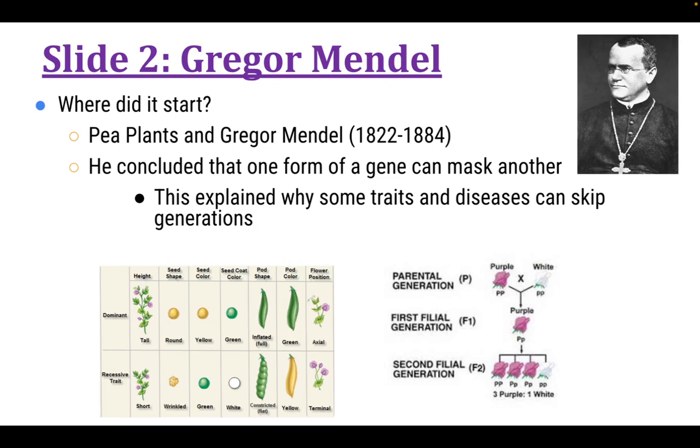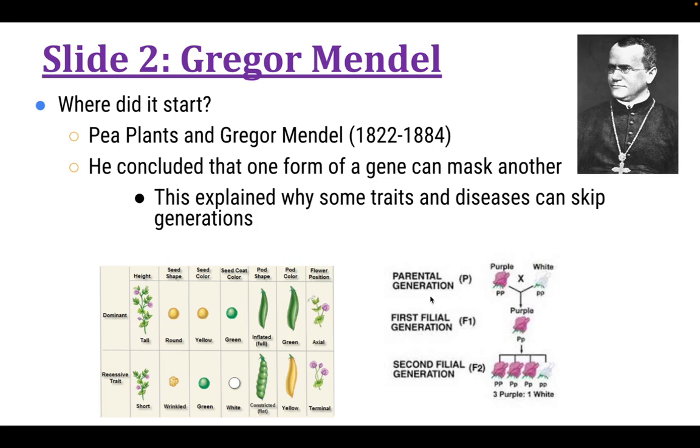He worked extensively with garden pea plants, and whenever he was cross-pollinating these different pea plants in the monastery where he worked, he noticed that certain traits could be controlled whenever he bred specific parents with specific traits together. So he started to notice some patterns of heredity based on the traits of the parents. He also learned that some genes could be masked by other genes, and that explained why sometimes we would see traits skip a generation.